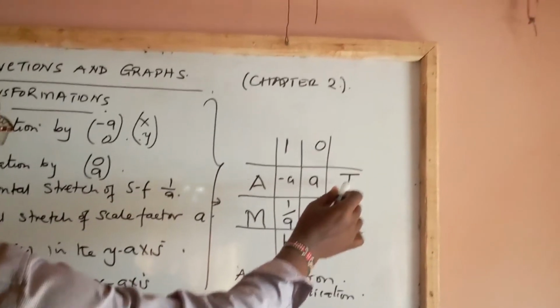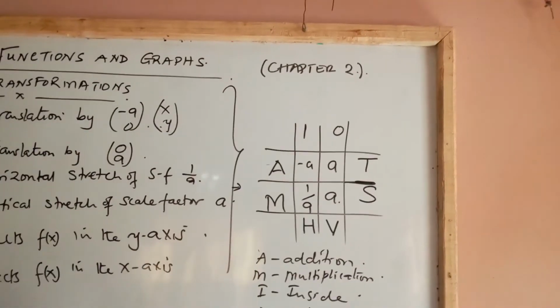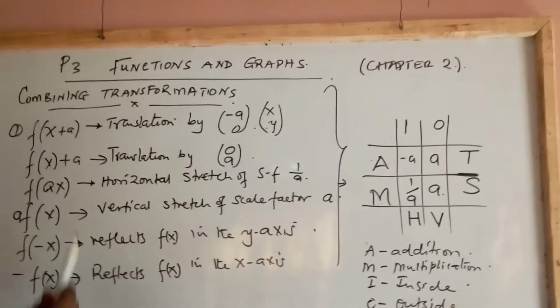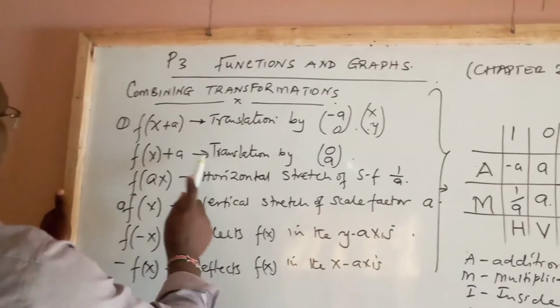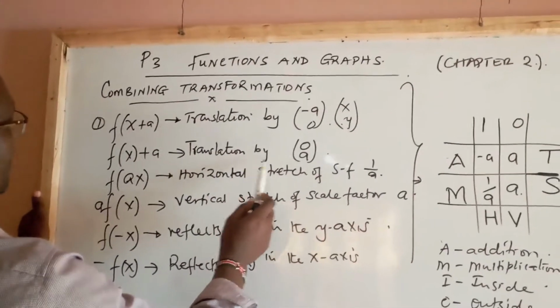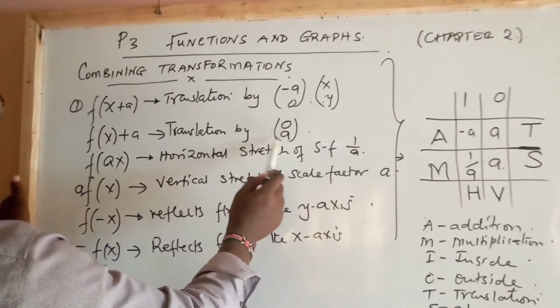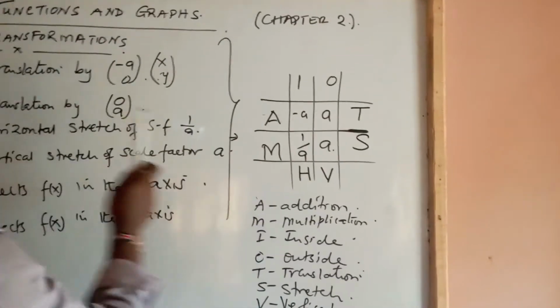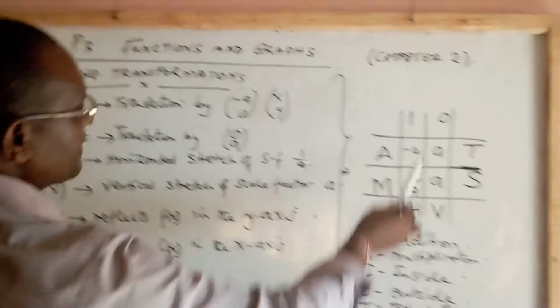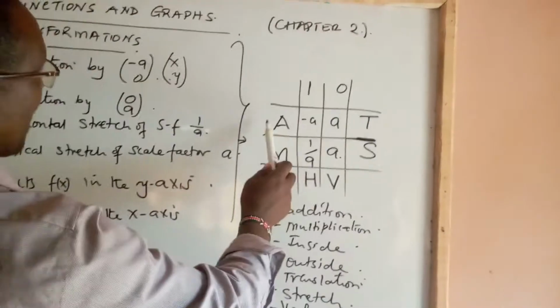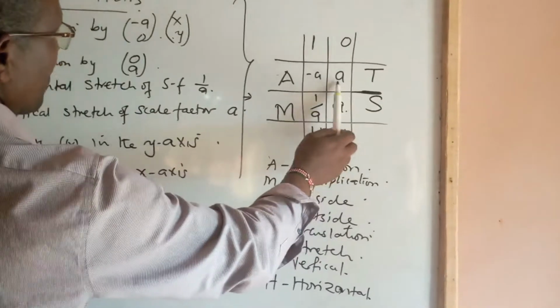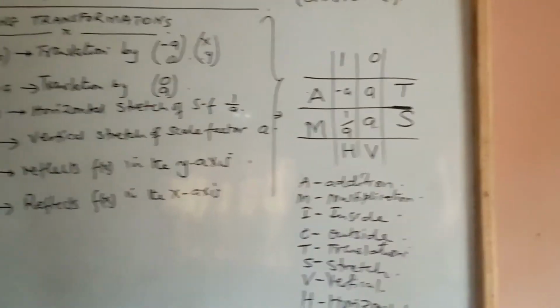It means all y values you add A. That is why in this summary we have translation by 0, A. Only the y values are affected. It is hard to remember this, but it is very easy to remember this. So addition outside is a vertical translation of A steps.